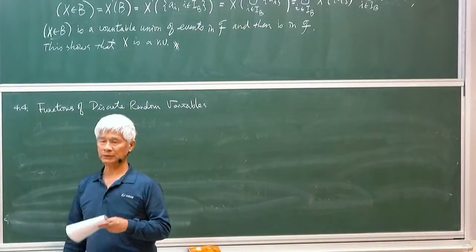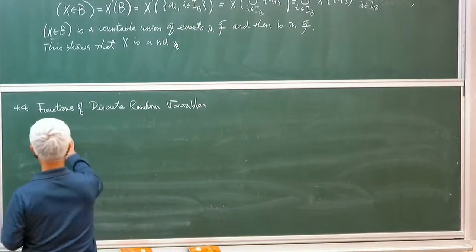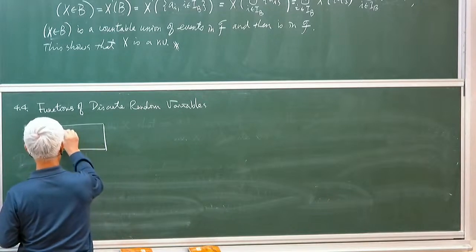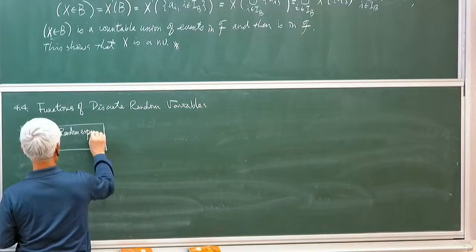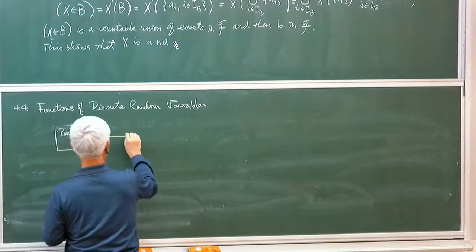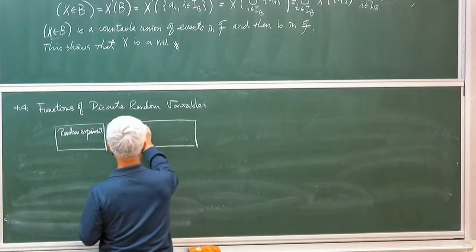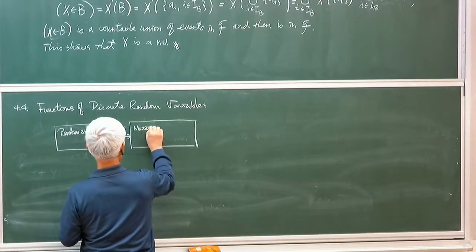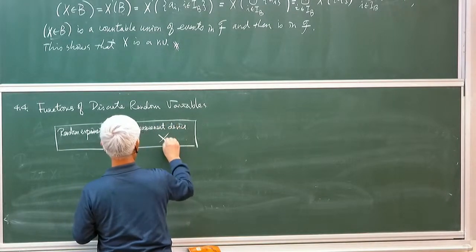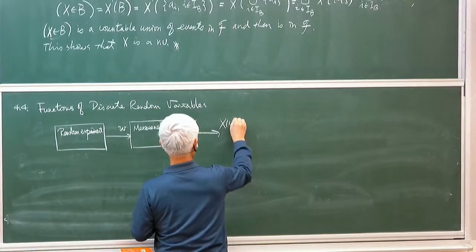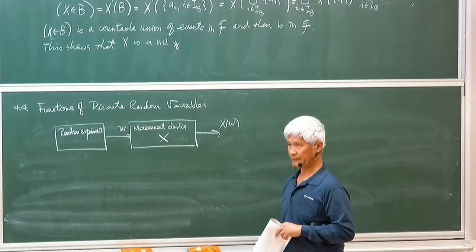Now we talk about functions of random variables. Suppose we have a random experiment, and we have an outcome, and by a measurement device X you get a value. Suppose that X is a discrete random variable.